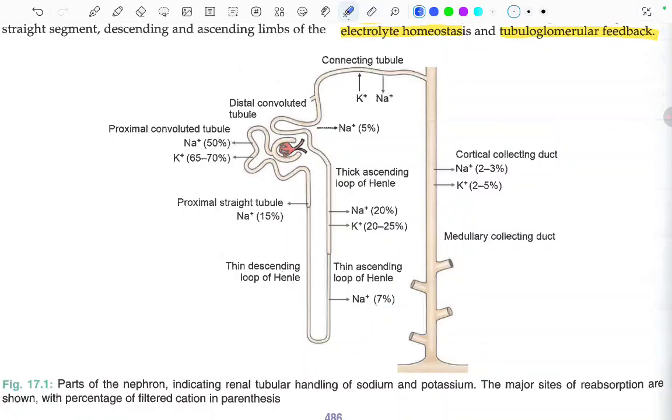The thick ascending loop of Henle reabsorbs 20% of the sodium, and potassium 20 to 25%. Now this is the distal convoluted tubule. This is the collecting duct, the collecting tubule, the cortical collecting duct, and the medullary collecting duct.